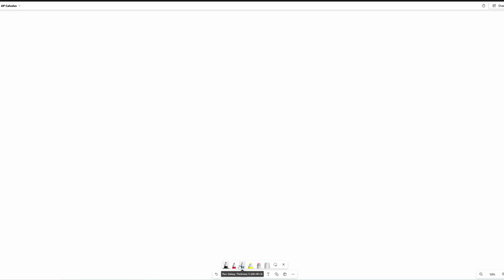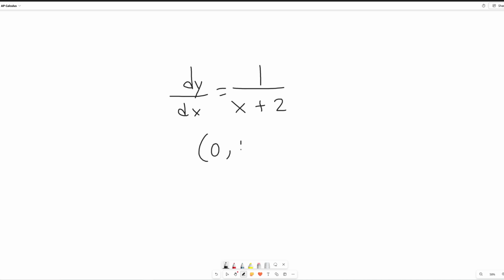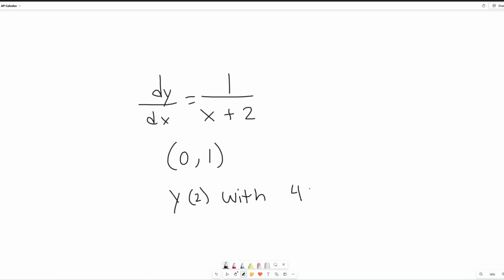Okay, we're going to do one more Euler's method. So we're given dy over dx equals 1 over x plus 2. Okay, starting at 0, 1, find y of 2 with 4 steps.